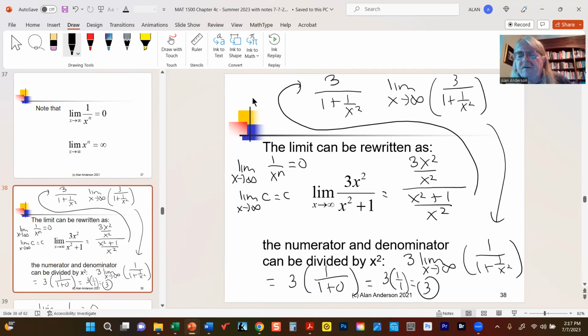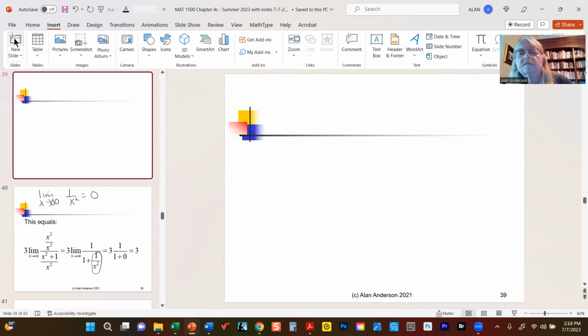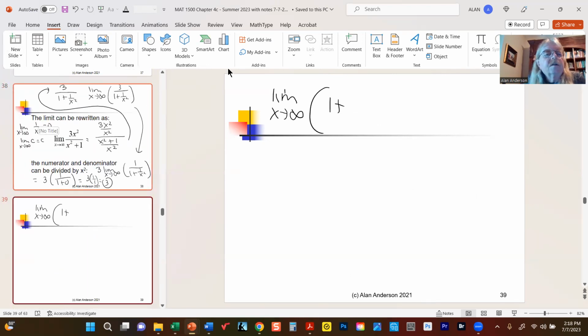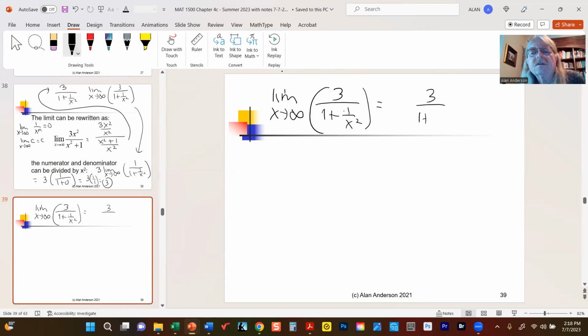So that means that the limit, let me write this on the next slide because it's getting crowded, is 3 over... So what that means is I'm going to wind up with 3 over 1 plus 0. So the limit ends up being 3.